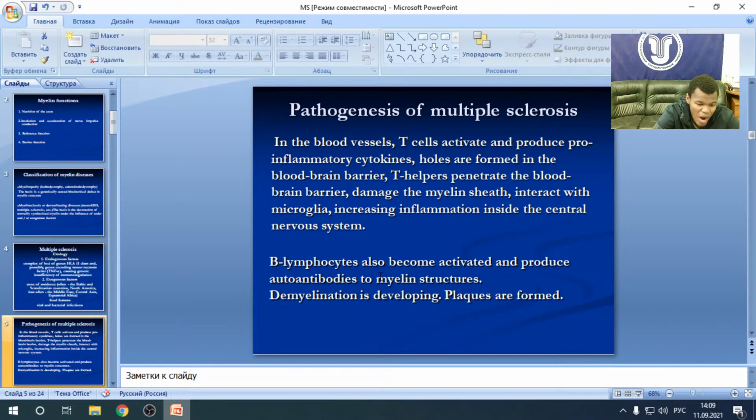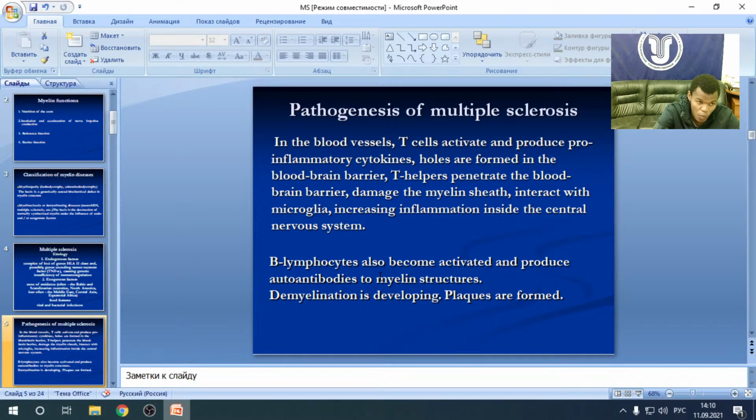Pathogenesis means the action, how the disease occurs, the development of the disease. So what is happening exactly? In the pathogenesis of multiple sclerosis, in the blood vessel we have T cells which are going to be activated.